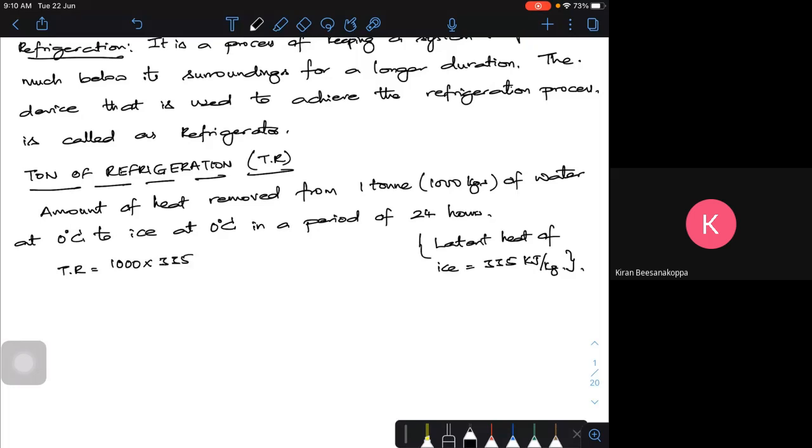Now what is the time? The time is 24 hours, into how many seconds? It is 24 into 60 into 60, so that I'll be getting a value of 3.87 kilojoules per second or kilowatts.